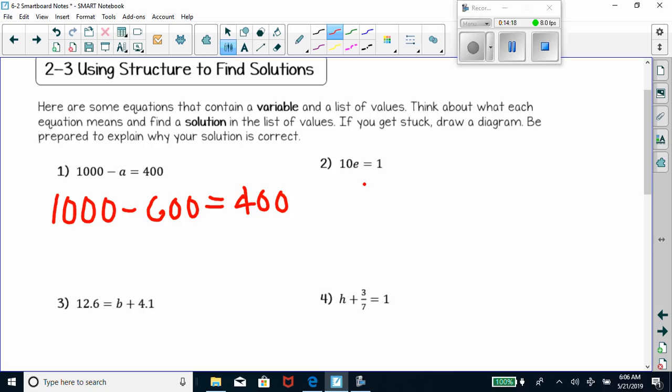I can also think about the idea of a reciprocal. I know that a number times its reciprocal always equals 1. So if I have 10, the reciprocal of 10 is 1/10. So 10 times 1/10 equals 1. So in this case, my E would have to be 1/10.